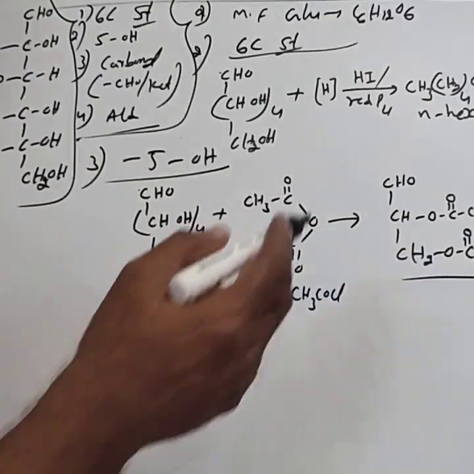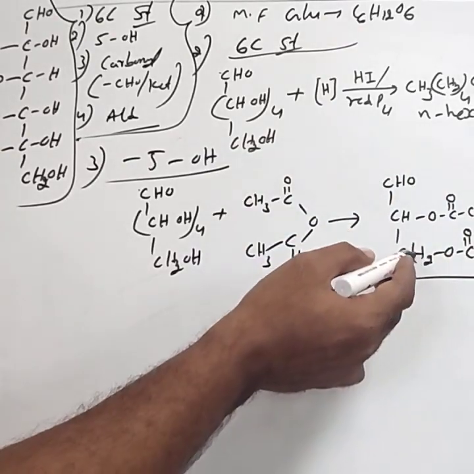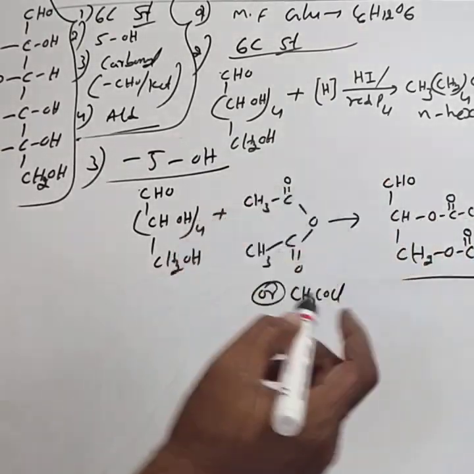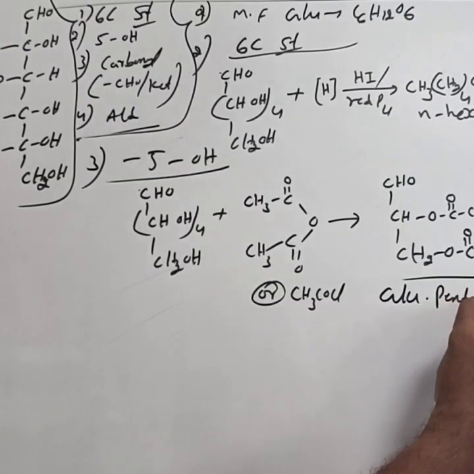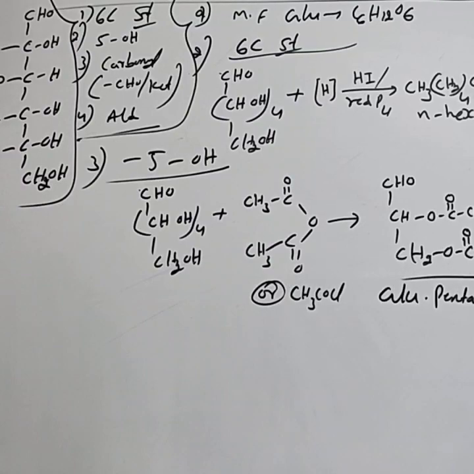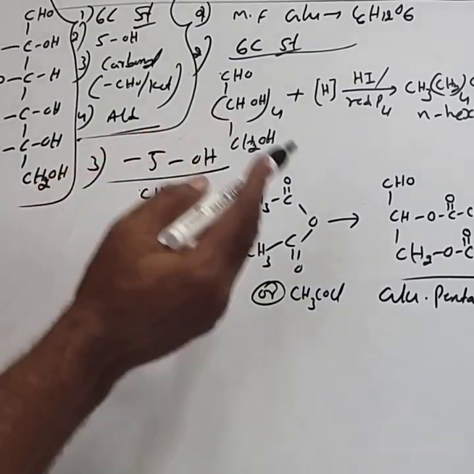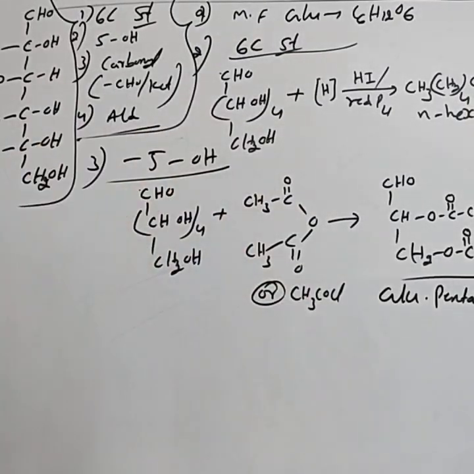That is glucose pentaacetate. A glucose pentaacetate is formed. This indicates that glucose contains 5 hydroxyl groups.